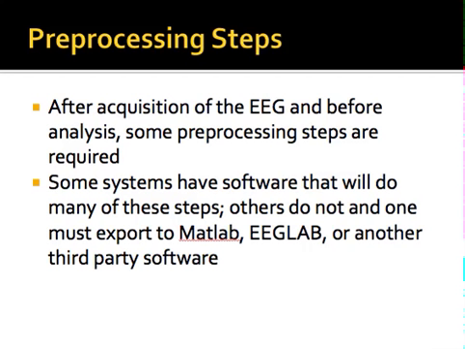Some do, and people choose to do their own because you have a little more control over how it's done. But usually you export to MATLAB, EEG Lab, or some other third-party software. In the case of EEG Lab, it's designed to read directly files that come out of the most common EEG hardware systems. And both of the systems in my lab are supported by EEG Lab. You can read files directly in.